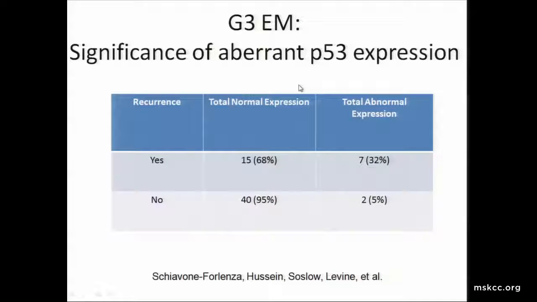And that's because when we did P53 mutational analysis and P53 immunohistochemistry on about 70 grade 3 endometrioid carcinomas from Memorial, we found that the patients whose tumors had P53 mutations and/or showed aberrant P53 expression were much more likely to recur than grade 3 endometrioid carcinomas that lacked P53 mutation.